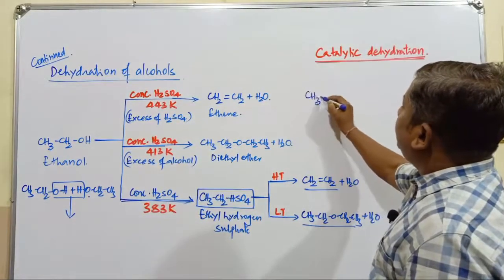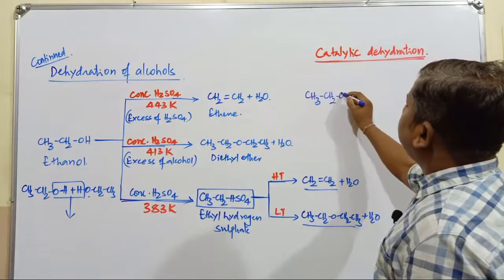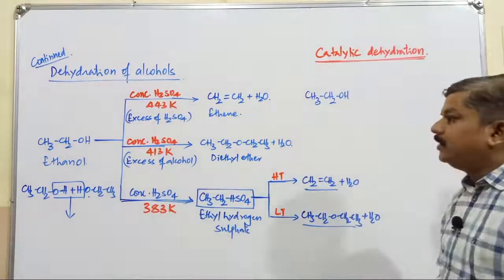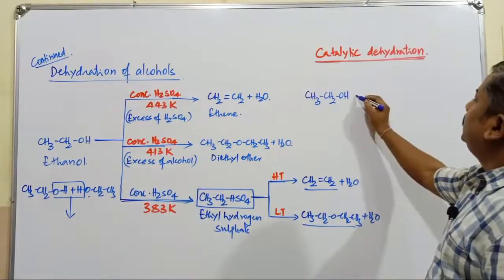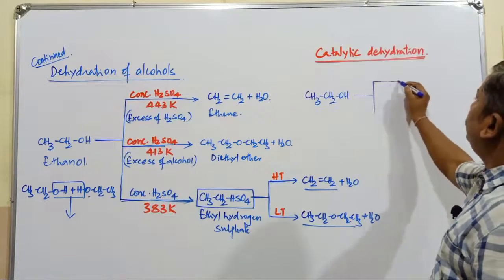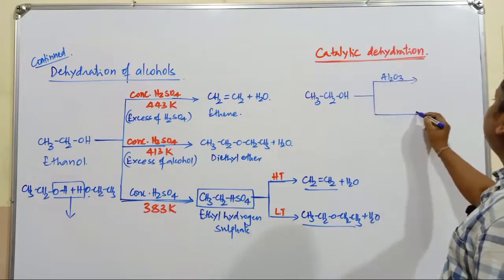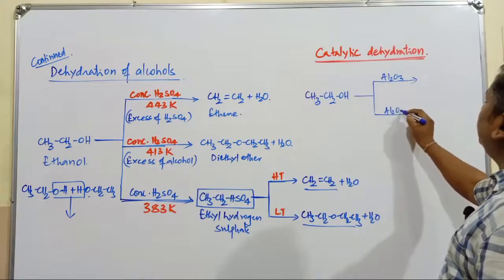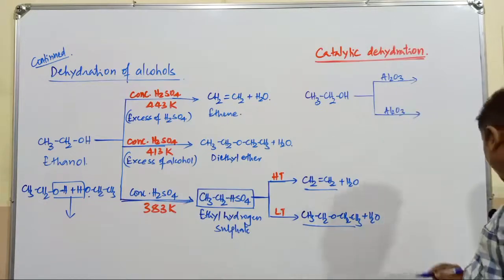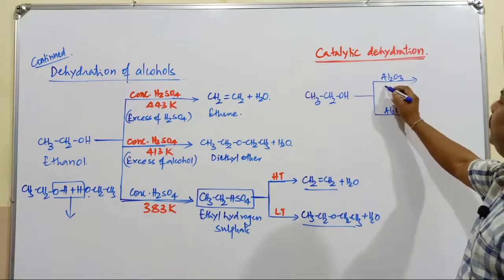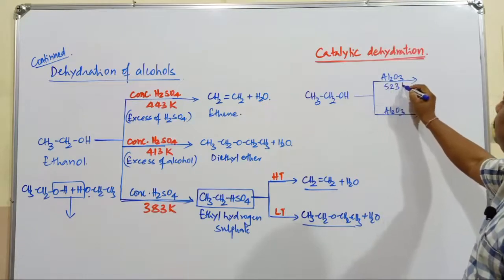Now the compound is CH3CH2OH, ethanol. When this ethanol is treated with Al2O3, alumina, at a temperature of 523 Kelvin.